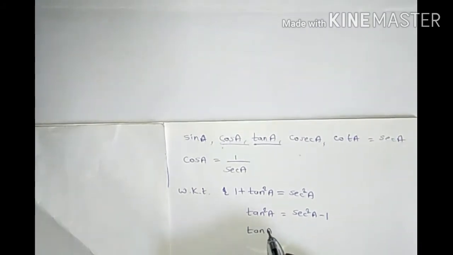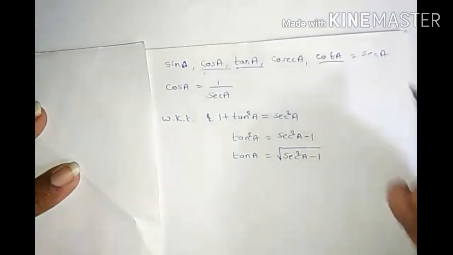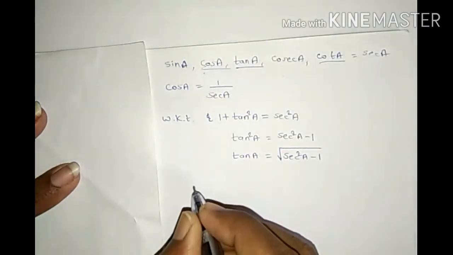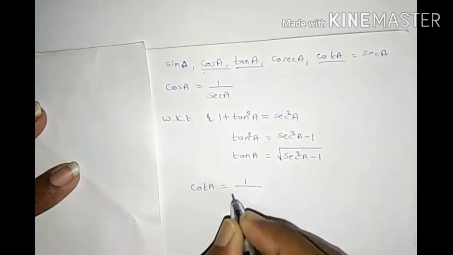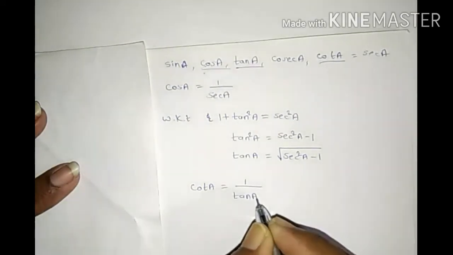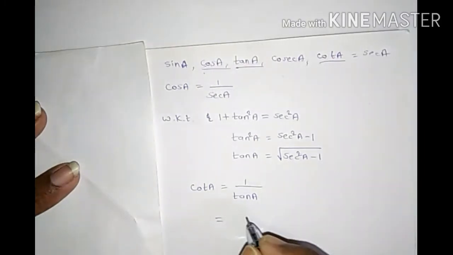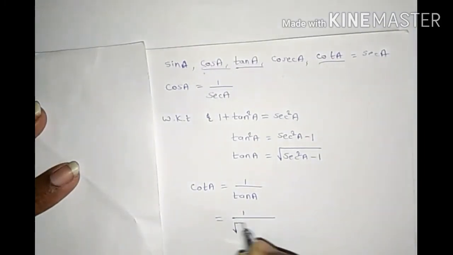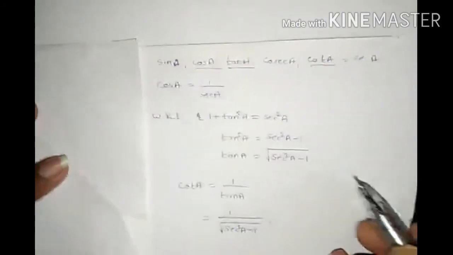Now we will move the square to the right side, it will become square root of sec square A minus 1. Next we will take cot A. As you know, we can write cot A as 1 by tan A. Just now we represented tan A in the form of sec A. We take that value and write in the place of tan A. This is the representation of cot A.